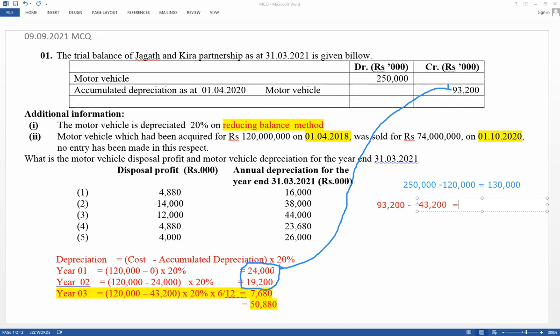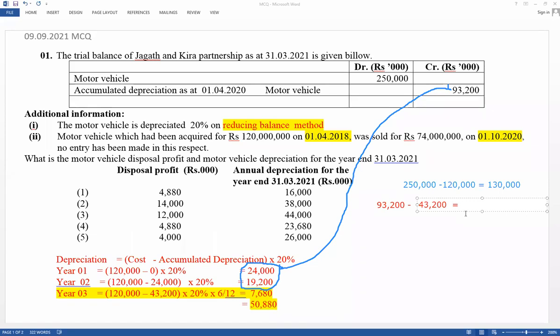It includes disposal assets accumulated depreciation also, up to the beginning of the year, not the total value. It was available during the accounting period for 6 months also. Therefore from this value deduct 43,200. Therefore accumulated depreciation opening balance can be calculated.